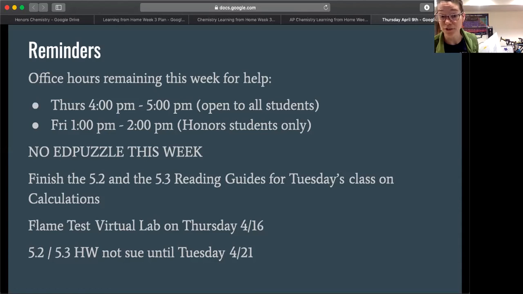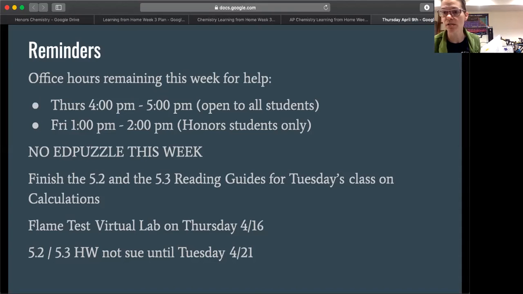And then after that, you see Flame Test Lab. So we are going to do the Flame Test Lab. We're going to do a combination of me burning stuff here on Thursday and then some other stuff that you're going to play with virtually. So the actual assignment to turn in next week is that lab. That will be the only thing due next week.